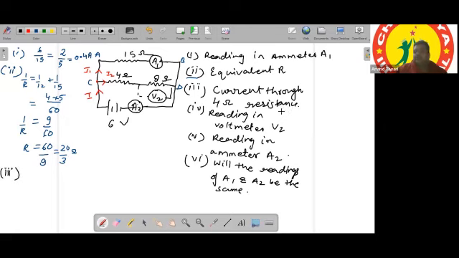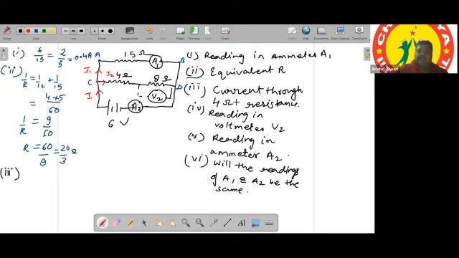Now the third one, current through the 4 ohm resistance. This is a very tricky question.